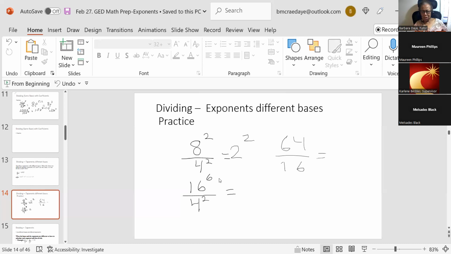Not the calculator, Maureen. What's 16 plus 16? 32. Okay, so what's 64 divided by 16? If two 16s make 32, how many 16s make 64?